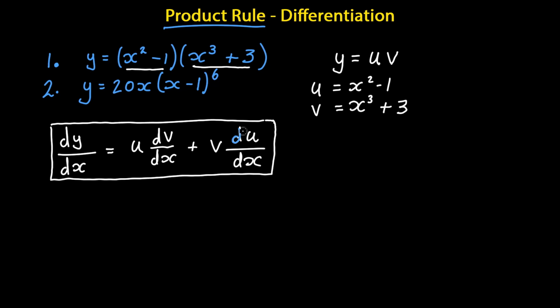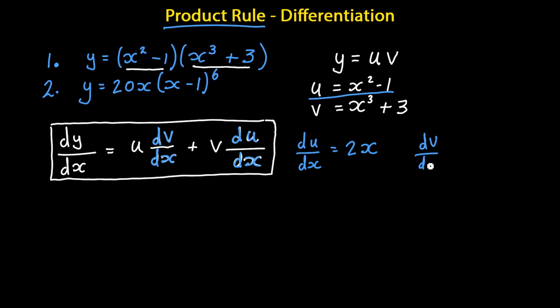So you notice here with the product rule is that we need to find the derivatives of the u and v equations here. So u equals x squared minus 1. We need to find the derivative of that with respect to x. And v equals x cubed plus 3. We need to find the derivative of v with respect to x.